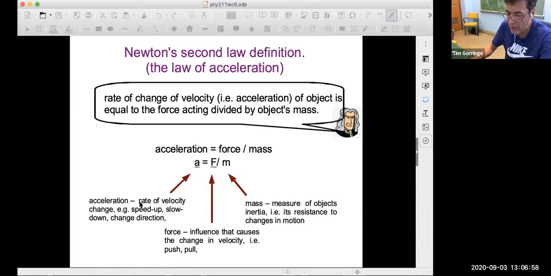And then finally, that combination of force and inertia creates a visible, observable, measurable change in motion, and that's the acceleration. The acceleration measures the speeding up, the slowing down, or the change in direction. And that's Newton's second law. And that's why it's a law of acceleration. It tells us how the motion changes in terms of the influence, the force, and the inertia, the mass, of the object.